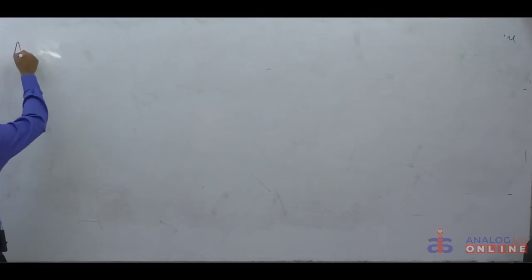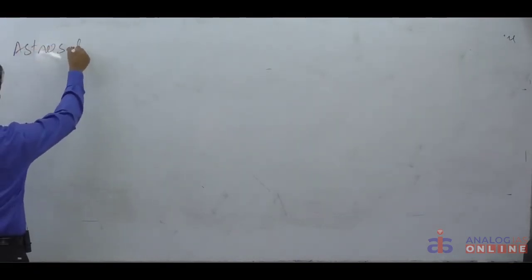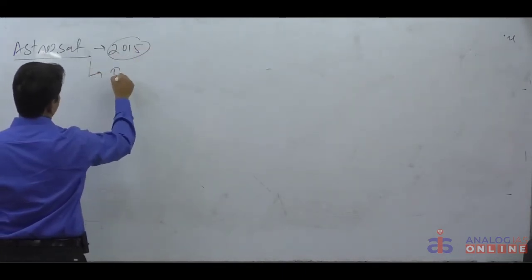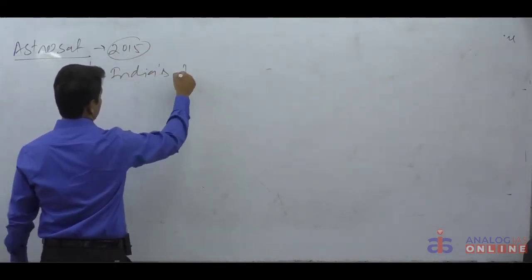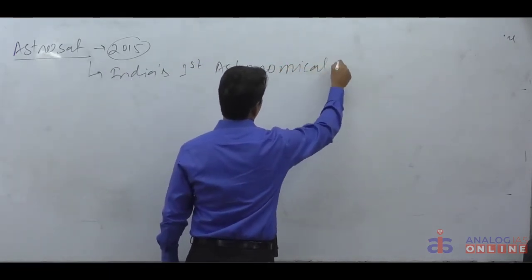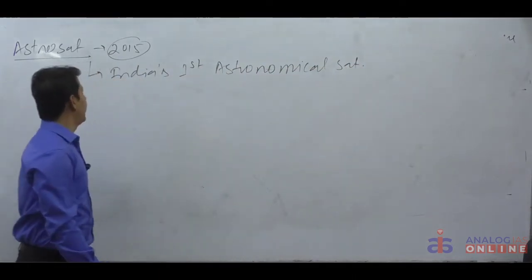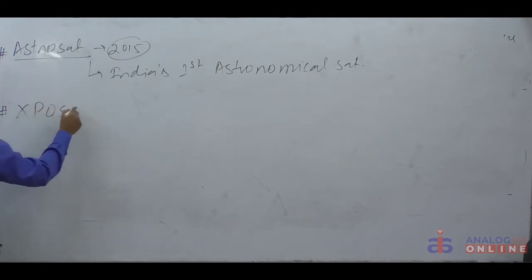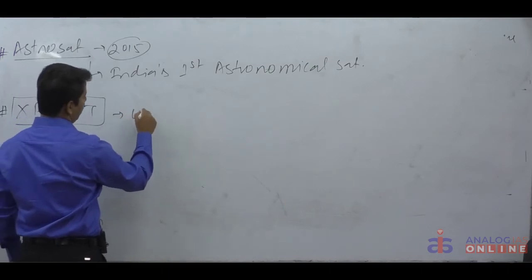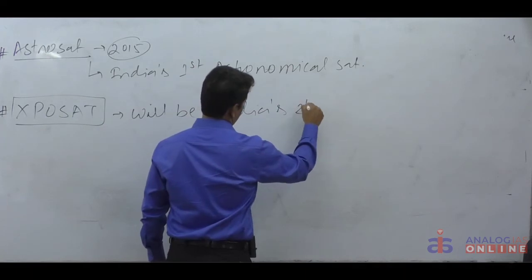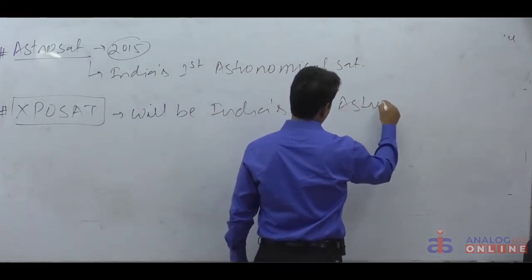So AstroSat is background, 2015 launch, India's first astronomical satellite. But the important one is XPoSat. It will be India's second astronomical satellite.